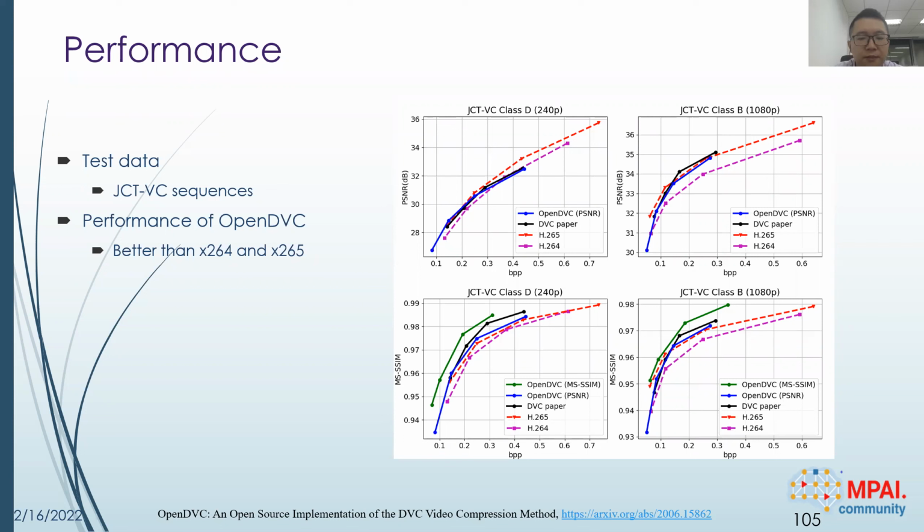Additionally, we can observe from the figures that the neural network based models could easily outperform the conventional codecs in terms of the MS-SSIM metric, which is also a widely used perceptual-based metric.